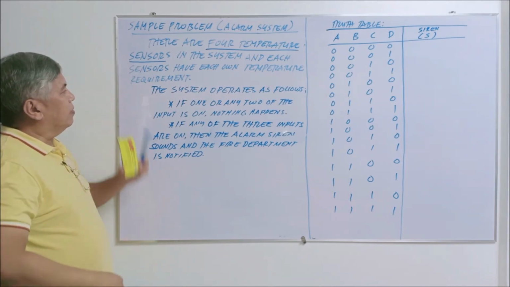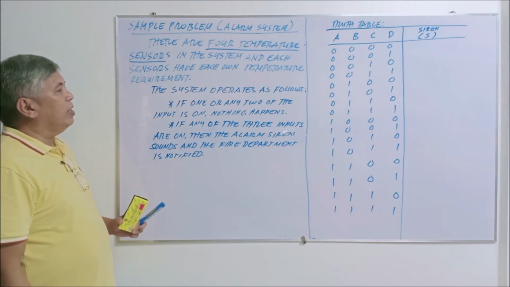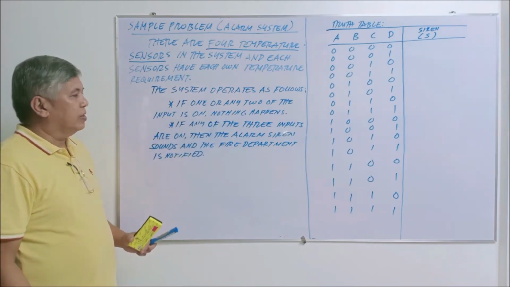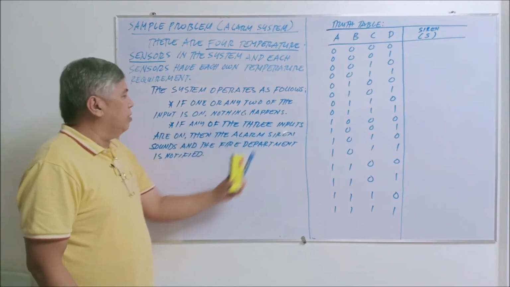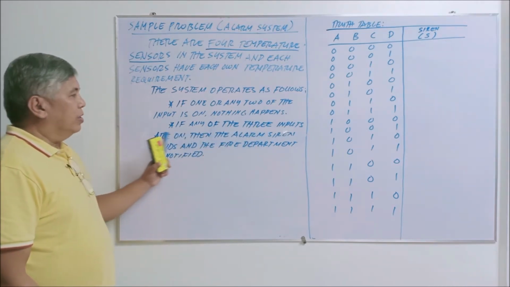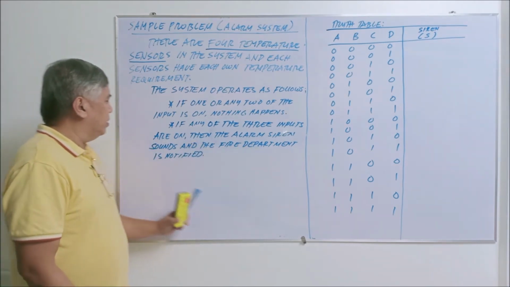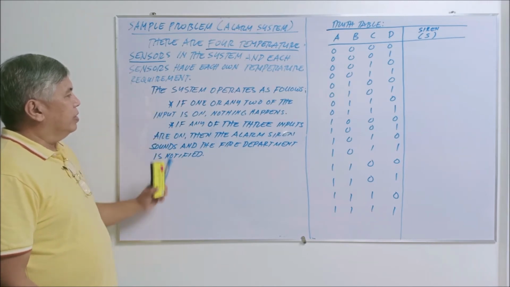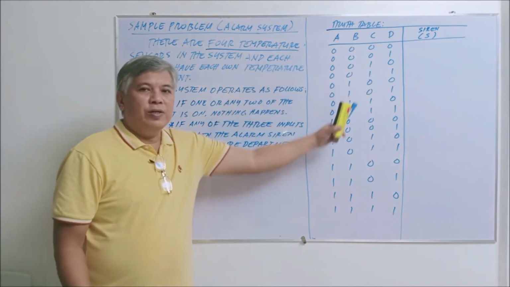Now, the system operates as follows. If one or any 2 of the inputs are on, nothing happens. Second condition, if any of the 3 inputs are on, then the alarm system sounds and the fire department is notified. Okay? So let us interpret these conditions through our truth table.